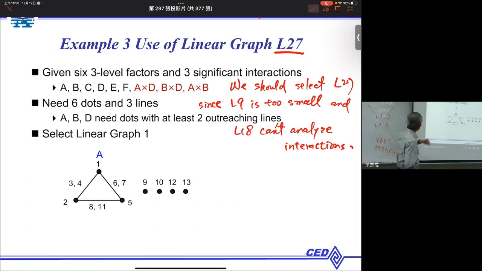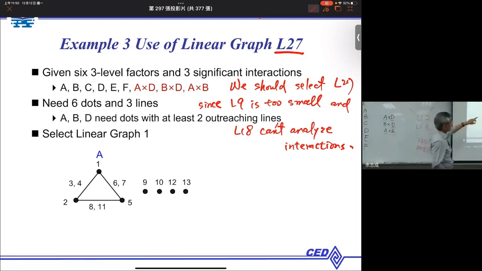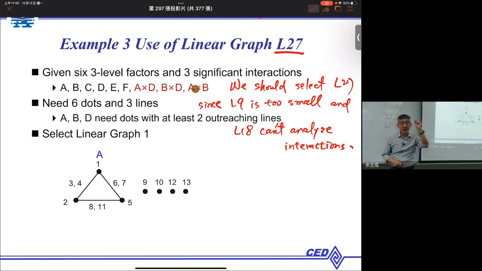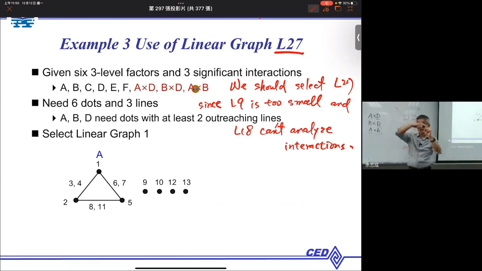And then what's next? This column 1 is okay, since column 1 has 2 lines. And in this problem, A needs to be put in a place with 2 lines. Why? Since you need to consider AD, and also we need to consider AB. So A needs to be put in a dot with 2 lines.